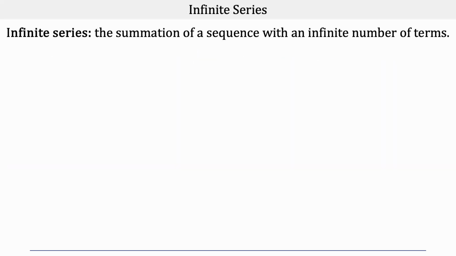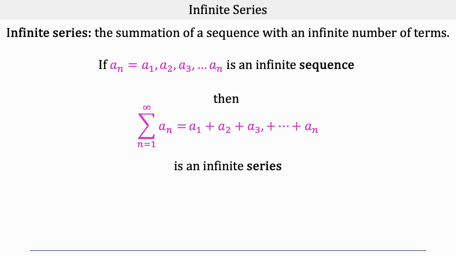We are going to transition now into infinite series. An infinite series is the summation of a sequence with an infinite number of terms. So if we have this sequence here, A1, A2, A3, all the way up to A sub n, then if you add all of the terms together, it is called an infinite series.